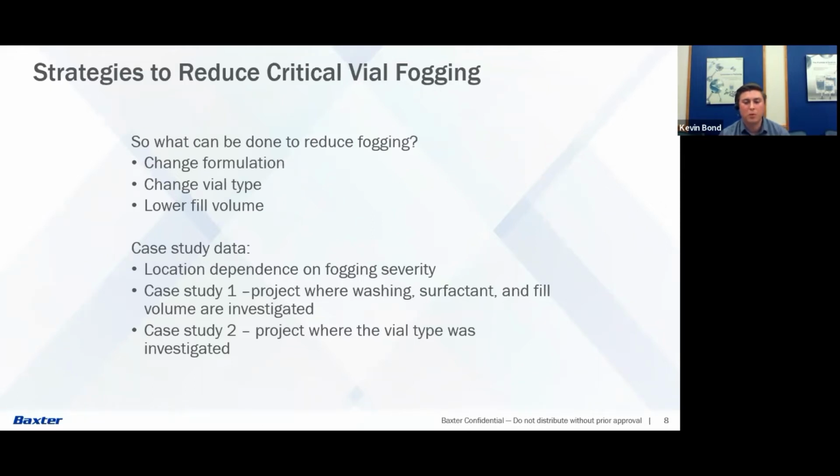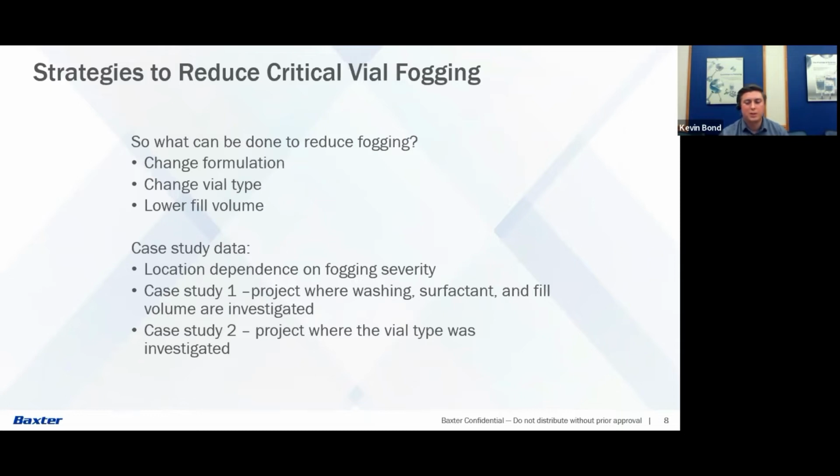The first case study was a design of experiments where the factors were whether or not the vials were washed and depyrogenated, whether the formulation contained a surfactant or not, and finally, the last input for the design of experiments was the fill volume. The second case study we'll touch on was investigating fogging in different vial types. The formulation will stay the same in that one, but the vial types will be changed.